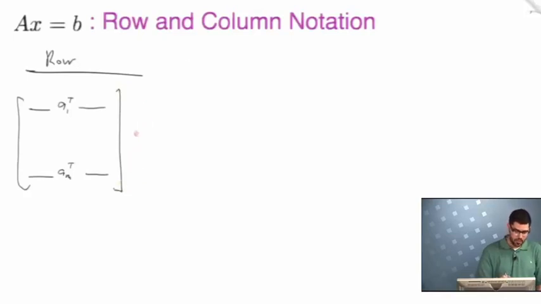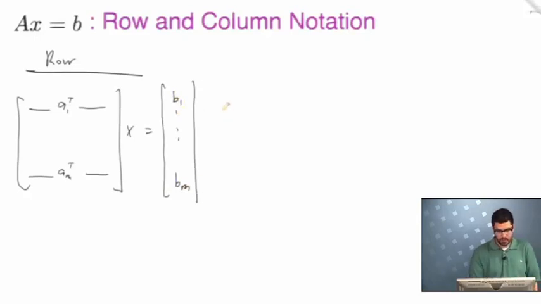And actually, I'm going to leave this out and just call the vector x, equals b1, dot, dot, dot, bm. Okay? So I'm going to write this, and now I can multiply. This is an inner product between a1 and x.